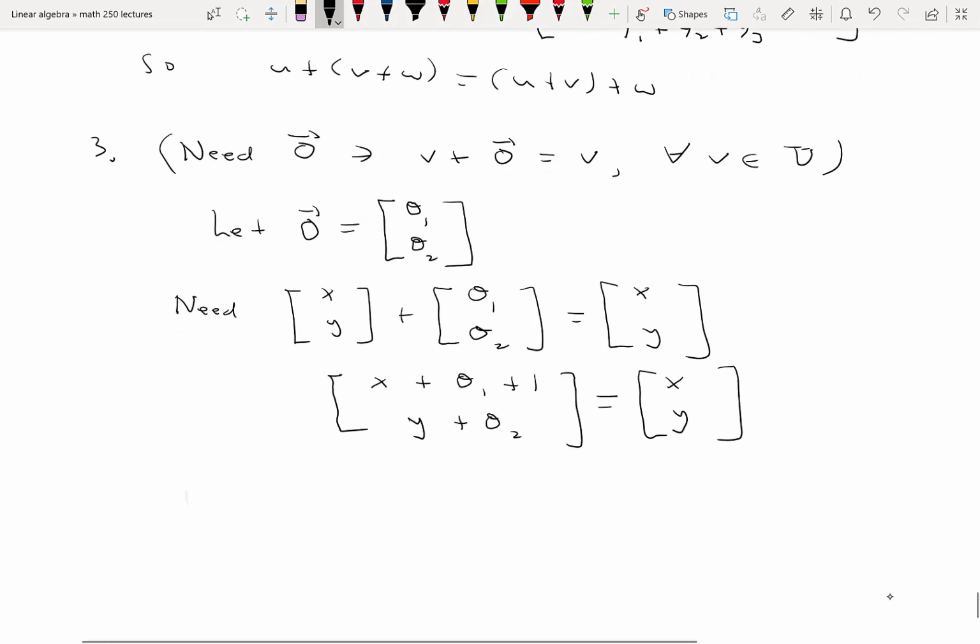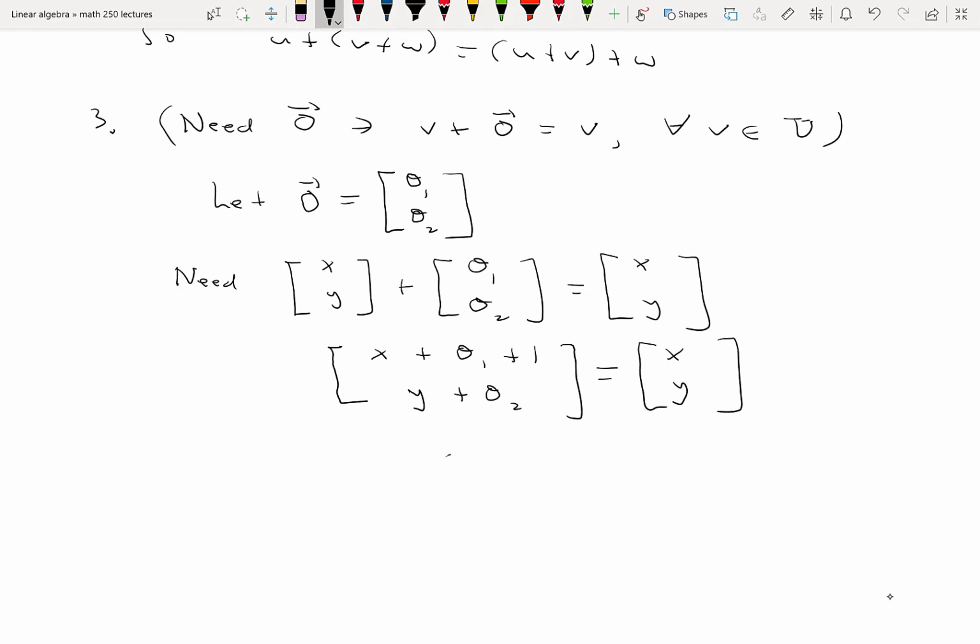So what do I need to choose for the first entry in my 0 vector? 0 sub 1 needs to be equal to, how am I going to get x plus 0 sub 1 plus 1 to equal x? I need 0 sub 1 equal negative 1. And 0 sub 2 needs to be just plain old 0.